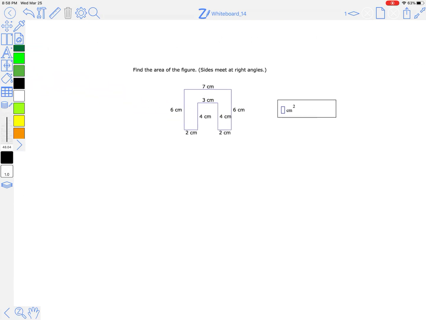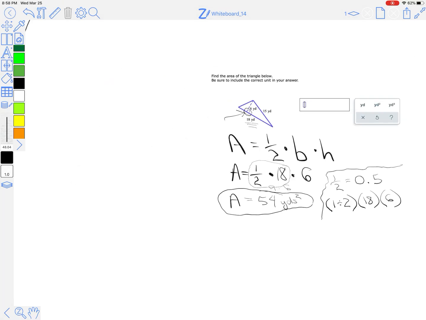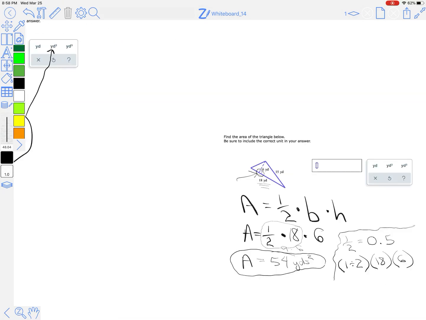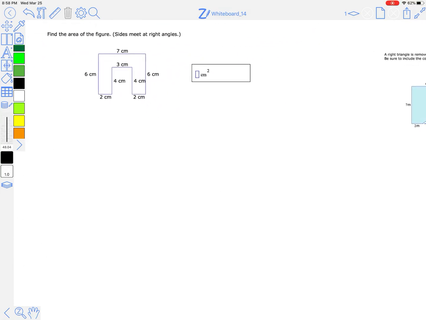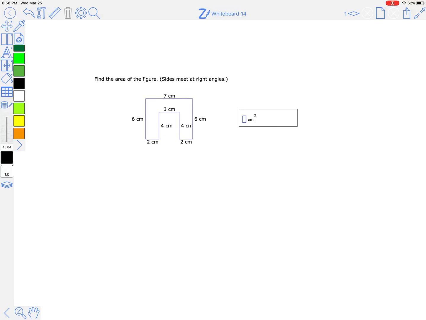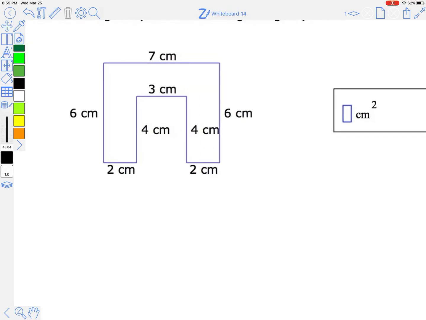The next one we're going to look at, so we've talked about the trapezoid, we've talked about a triangle, we've talked about a parallelogram, and now we're going to look at a couple of composite figures. And when I say composite figures, it just means more than one shape all put together. So for example, this can be done different ways, but I'm just going to divide this right here and say, boom, here's rectangle number 1.